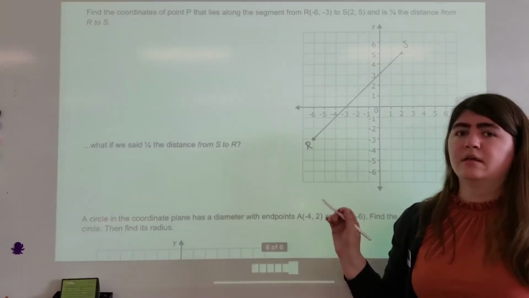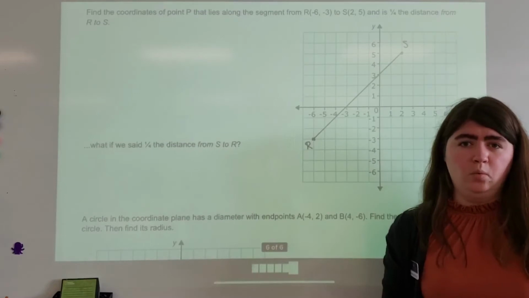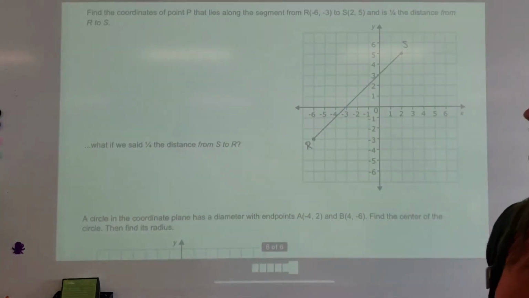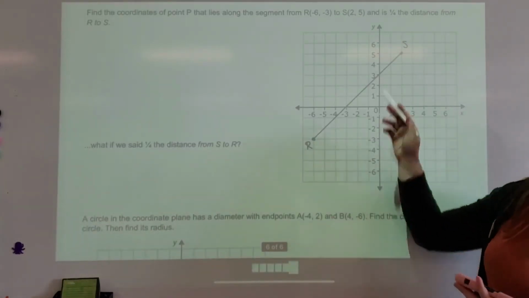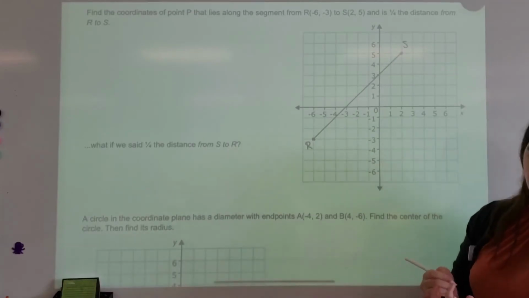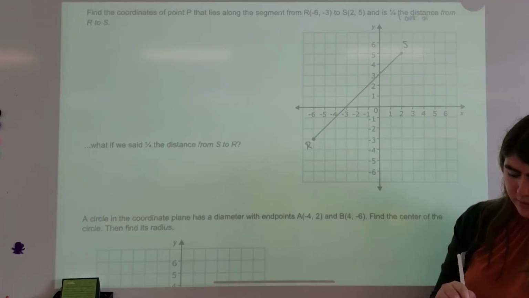Okay, here's where it gets tricky. So before we were talking about a ratio where we had 1 to 4, so you really wanted 5 total sections. Now we have this fraction that says that it is 1 out of 4 total parts. In fact, I think it'll be helpful to write that down. So I have 1 out of 4 total parts.